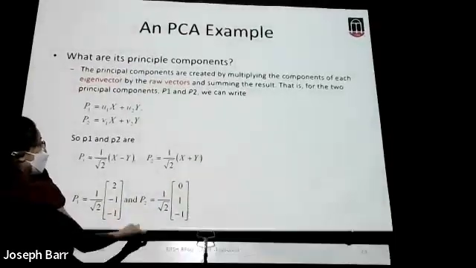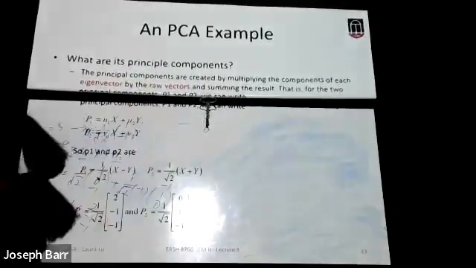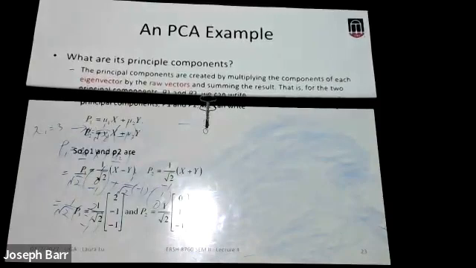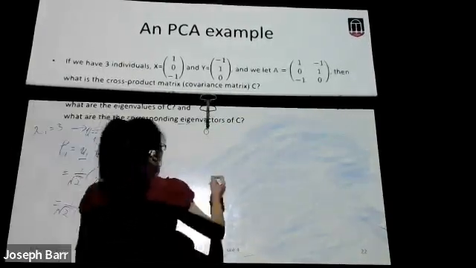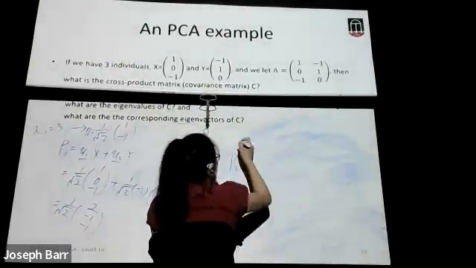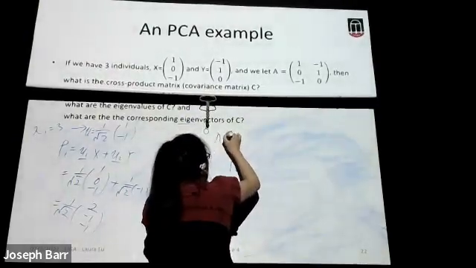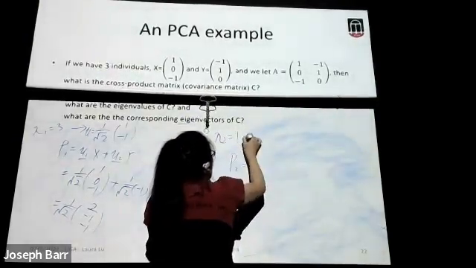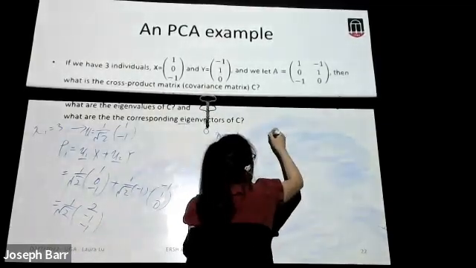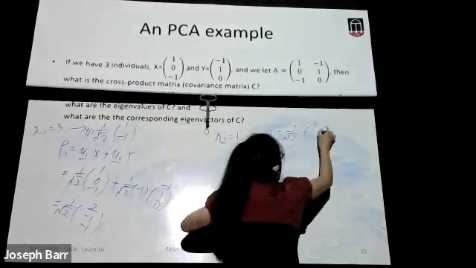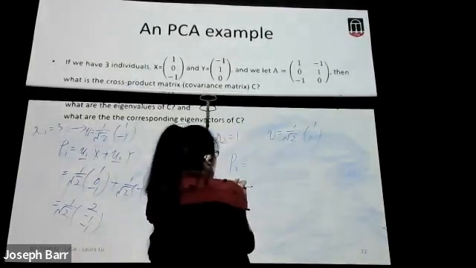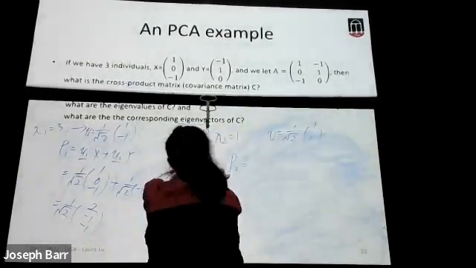P2 the same thing. For P2, it's another linear combination of x and y. P2 should correspond to lambda 2 equals 1, and the eigenvalue is 1. So these coefficients are for the second component.